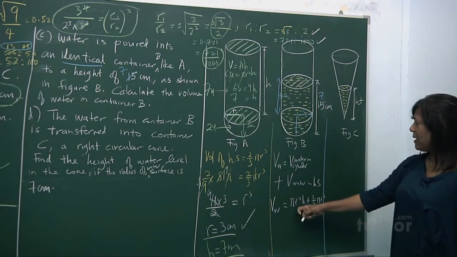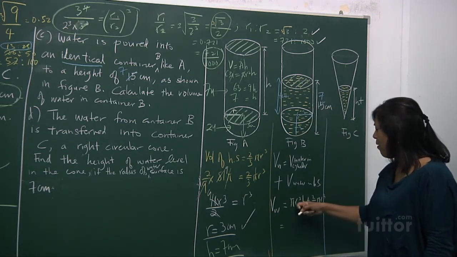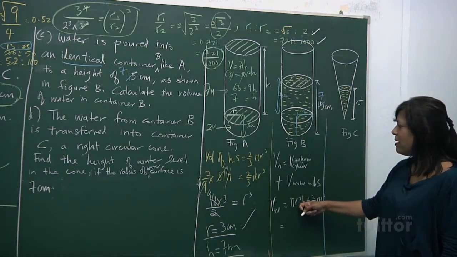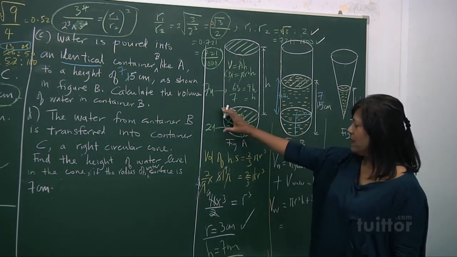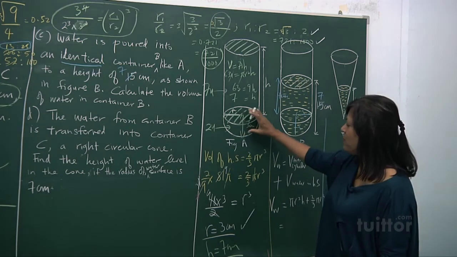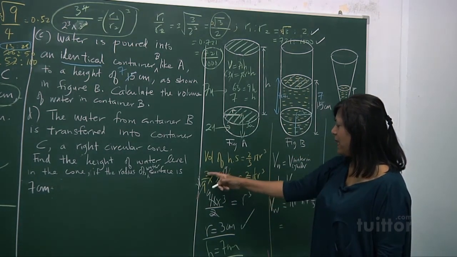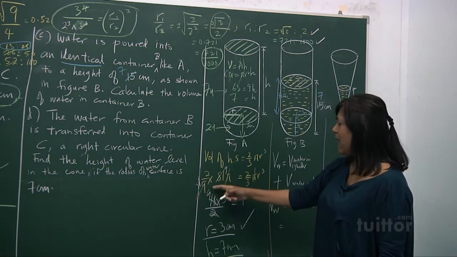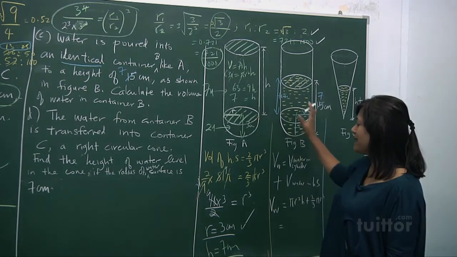Now, if you look at this, height is 4. So we've got 4, the radius is 3, but earlier on we worked out this whole volume, which is 2/9 of this total volume. That came up to about 18 pi, 2/9 of 81 pi, the total volume, because these two are identical.